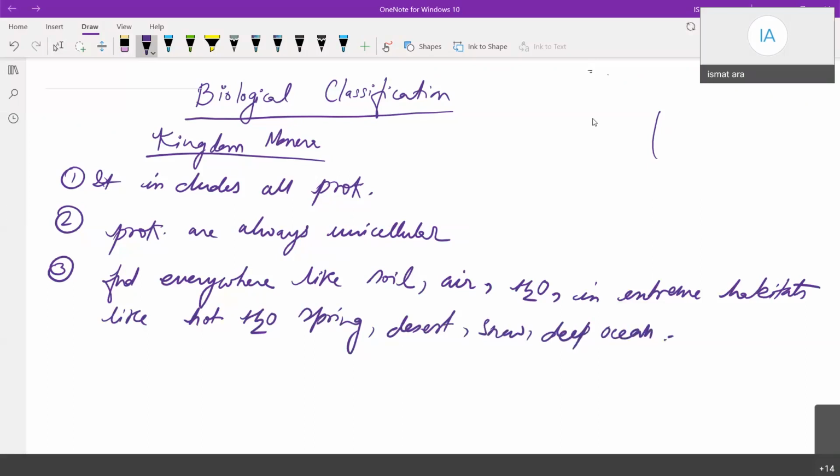That's why we use the word cosmopolitan for Monera.